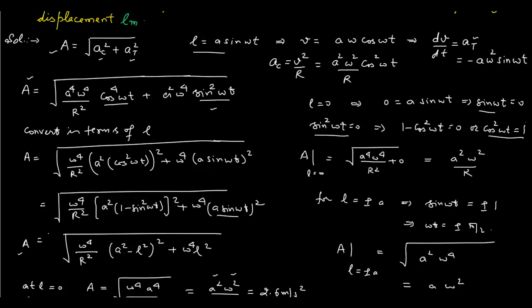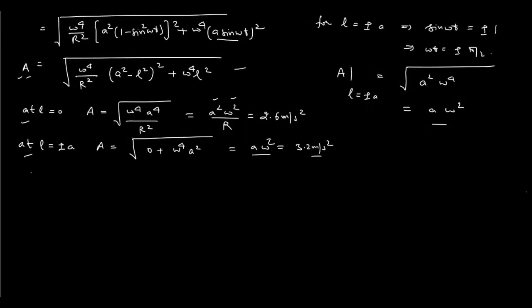Clear? So I am differentiating this part, A equal to this equation. Before differentiating I am squaring it on both sides, this is A square omega 4 divided by R square, A square minus L square whole square plus omega 4 L square.